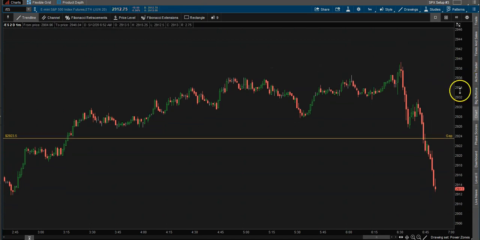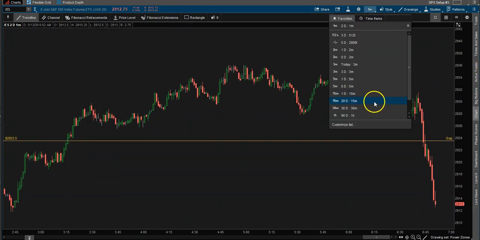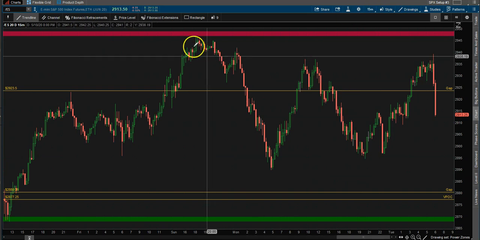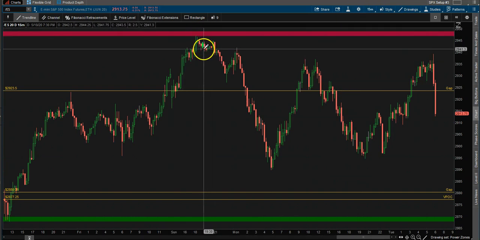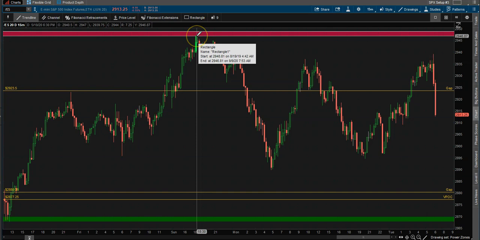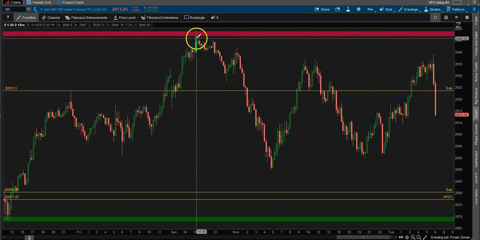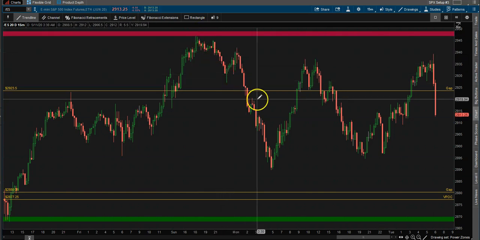Then it might be something where I really like this level, let me get short and maybe go 1 contract here, 2, 3, 4 contracts, and then start to scale out.